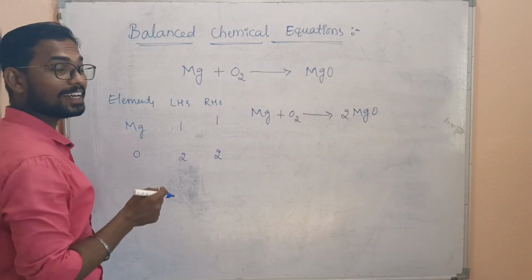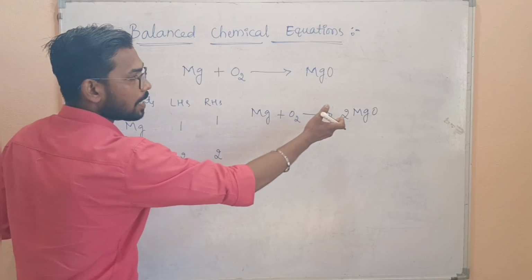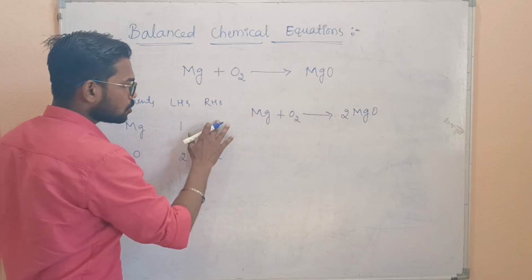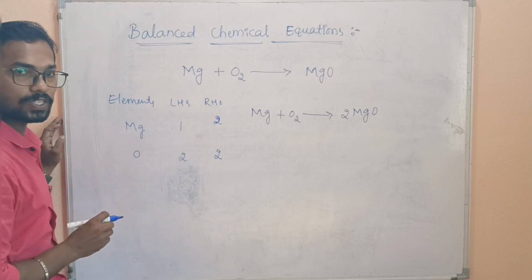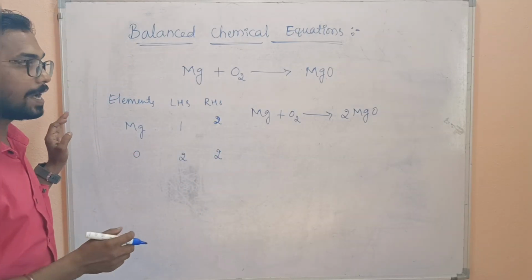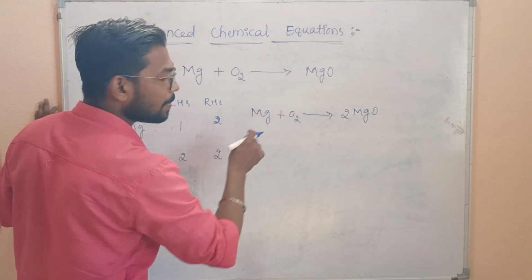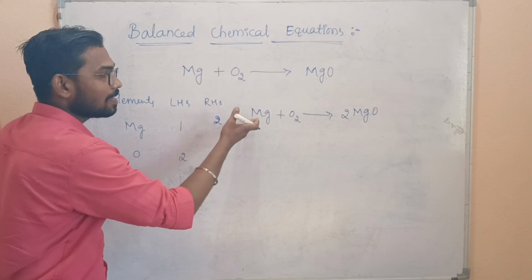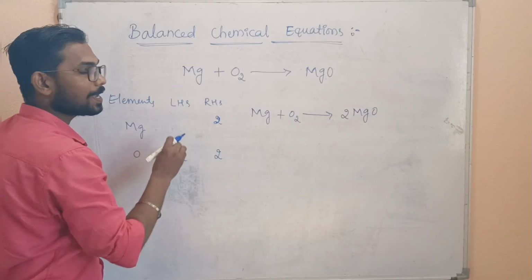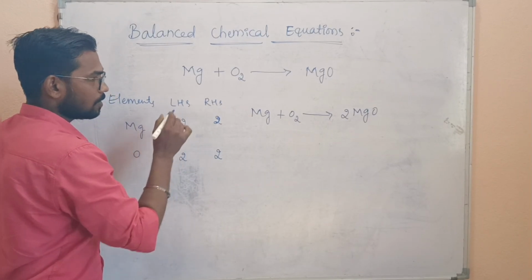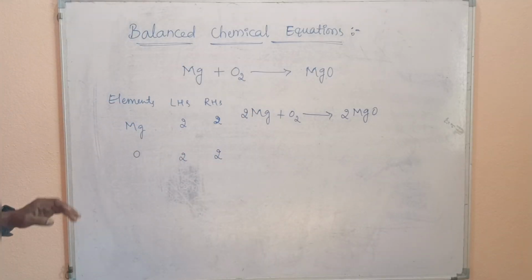But what about the magnesium? Magnesium on the left hand side is 1, but on the right hand side it became 2. How do we handle this situation? Again we have to take the numbers. On the left hand side the number is 1, so we have to make it 2, then only it will be the same on both sides.